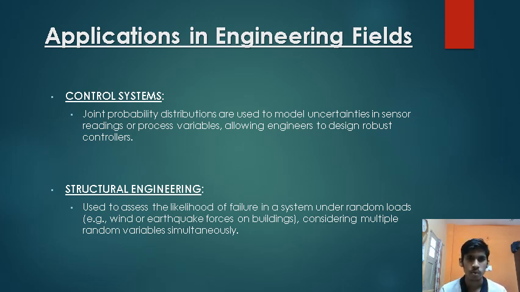Control systems: joint probability distributions are used to model uncertainties in sensor readings and process variables, allowing engineers to design robust controllers. Structural engineering: used to assess the likelihood of failure in a system under random loads. Example: wind or earthquake forces on buildings, considering multiple random variables simultaneously.